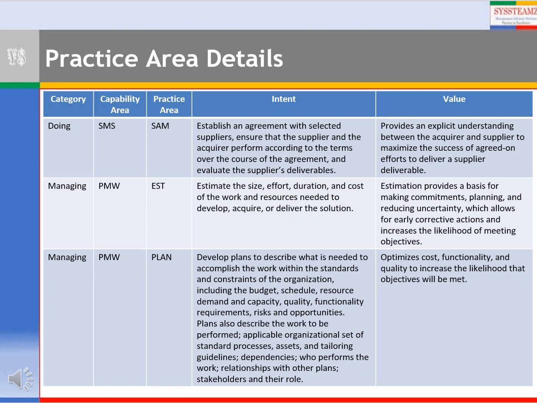SAM, identify and manage suppliers and their products or services. EST, estimate effort, cost, budget, schedule. Plan the project for budget, schedule, resources, capacity, quality, functionality, risks and opportunities, dependencies, stakeholders, skills, etc.